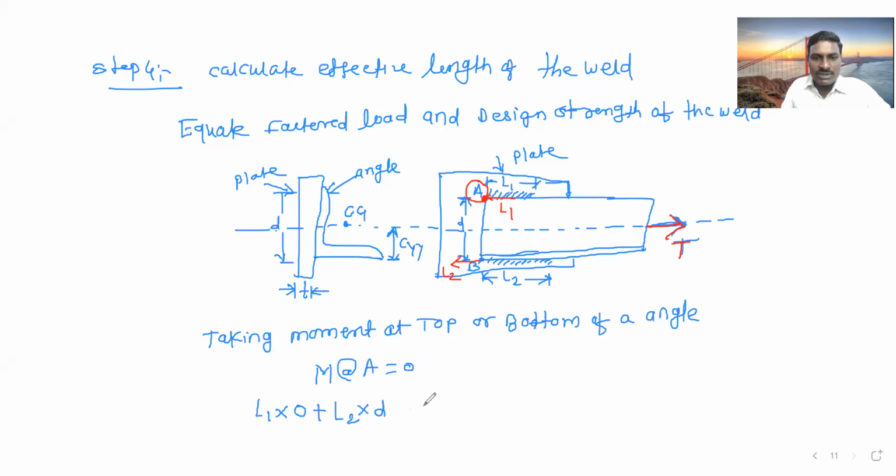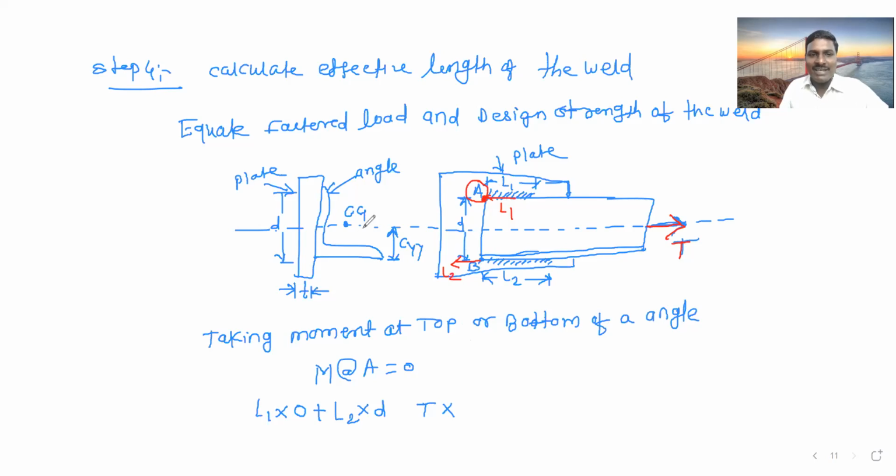Third force, T, is remaining. So T into CYY. We have to take moment about A. D by 2. Yes, sir, D by 2. D minus CYY. Good.